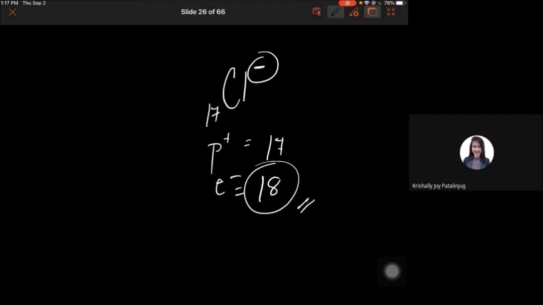And argon is stable. Okay? So si fluorine, nag-gain siya ng isa pang electron para ma-attain niya yung stability katulad ng stability ni argon. Okay? Yan yung ginagawa ng mga atom. Nag-lose sila or nag-gain ng electron para ma-attain yung stability. Okay? Sige. Okay na tayo dyan.